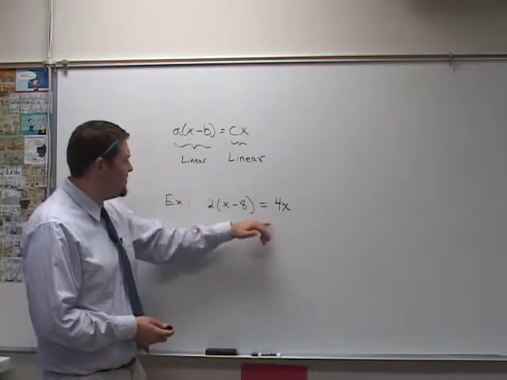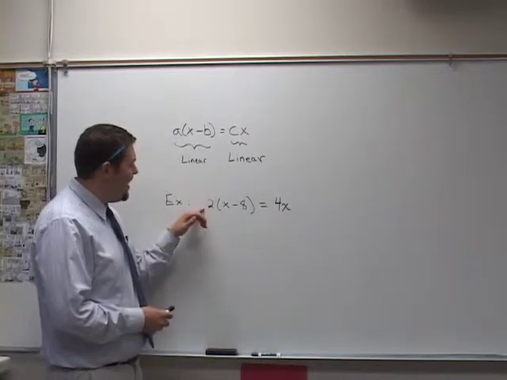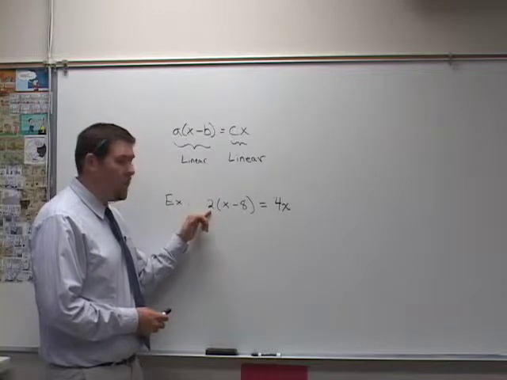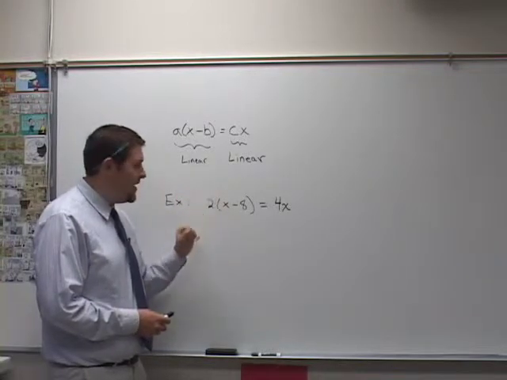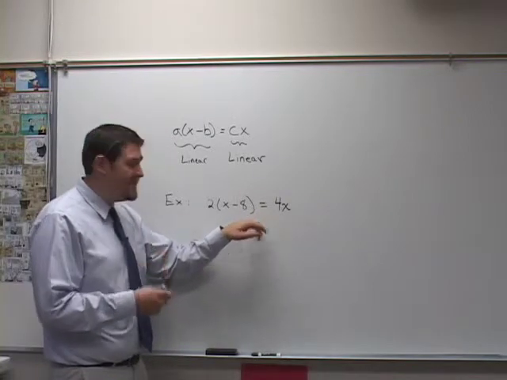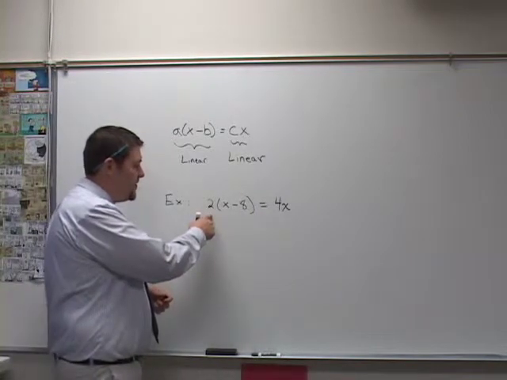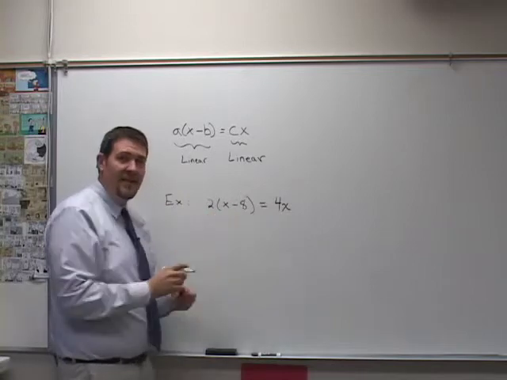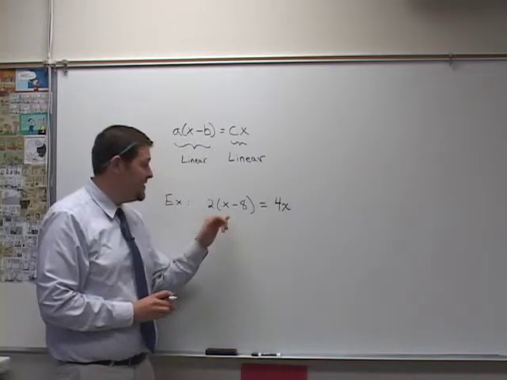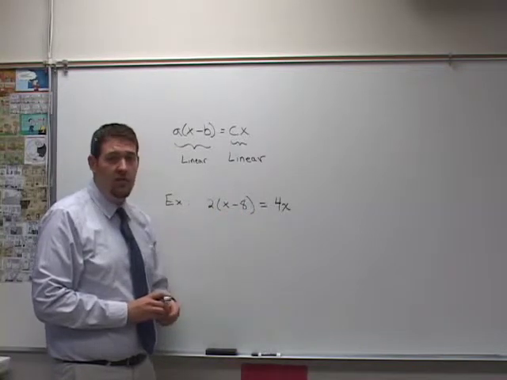So we'll start with this expression. On this side, we have a 2 times x minus 8. And so we want to simplify this to a point where we can collect all of our x's on one side and all of our non-x terms on the other side of the equal sign. So we're going to multiply this 2 inside of the parentheses. That's called the distributive property of multiplication over, in this case, subtraction, but it could also be over addition.